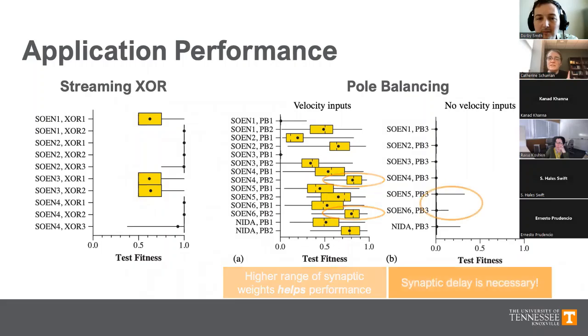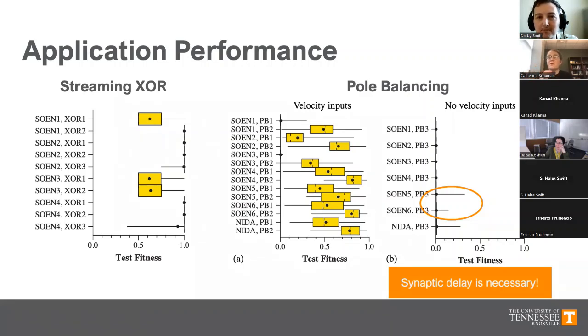One of the big ones that we found, they were very interested in this cart pole problem, pole balancing, inverted pendulum, however you want to think about it, the problem without velocity. If you're solving this problem without velocities as input, you need memory in your network. And we didn't try to train to get the best possible networks here, but we found that if you did not have, in this case, axonal delay in the model, it could not solve the problem.